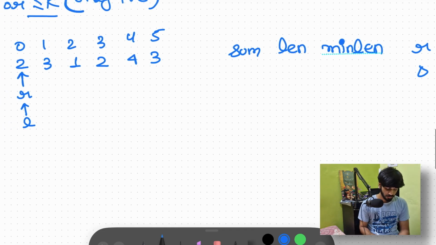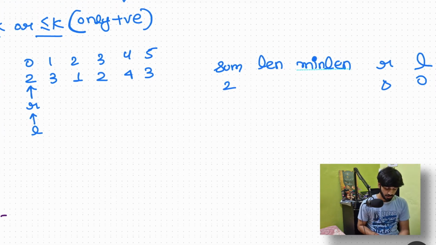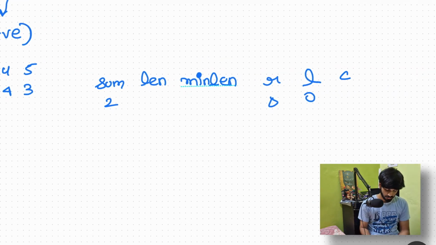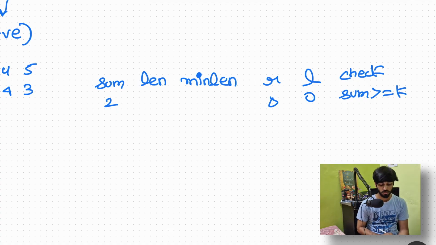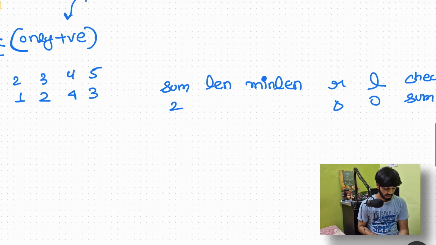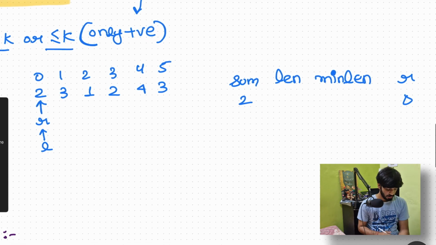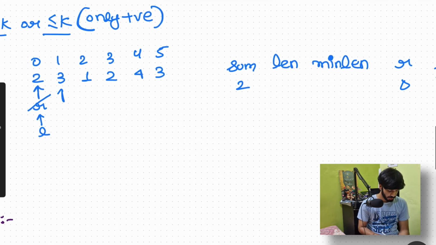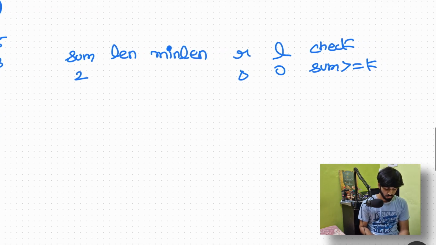So what is the sum? Sum becomes 2. Then we need to check: is sum greater than or equal to k? No, it is not. So we have to increase the numbers. Right will move to the next position. Now left is at 0, but right will be at 1.